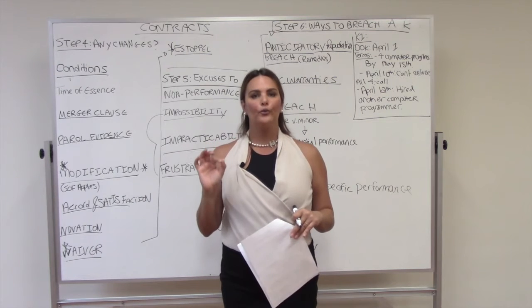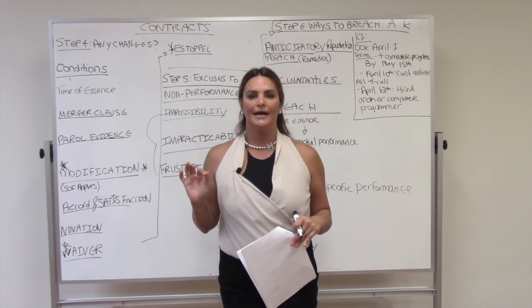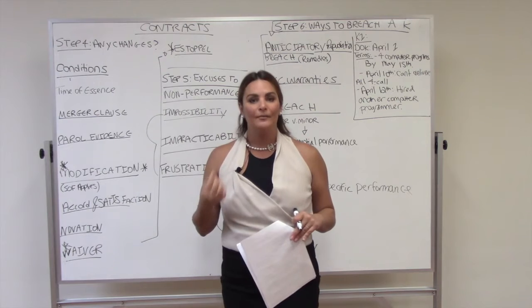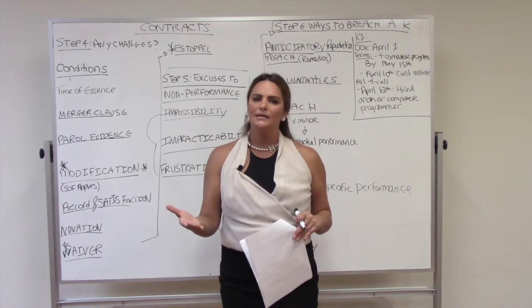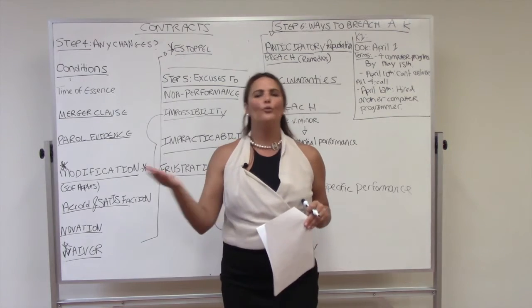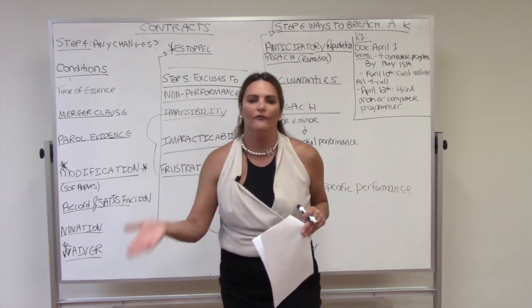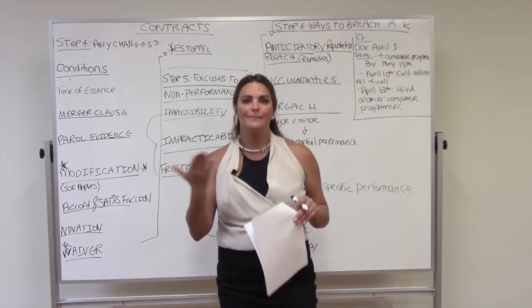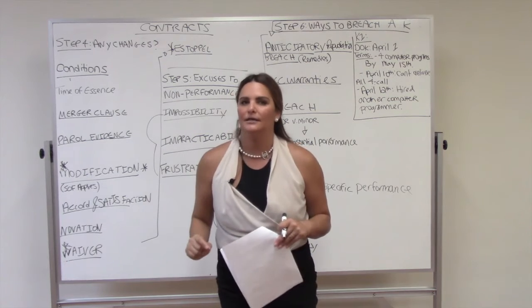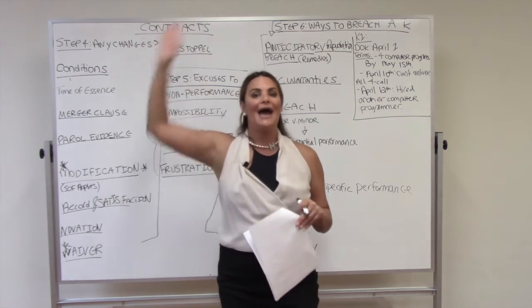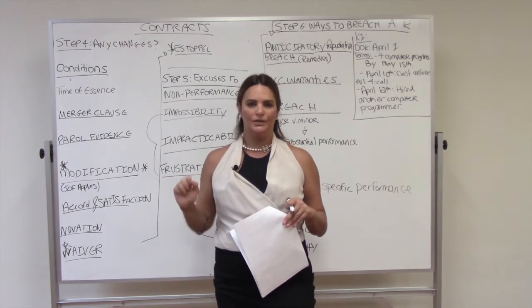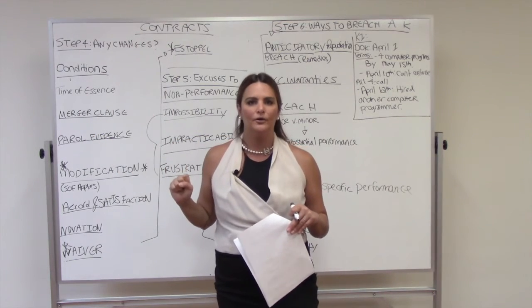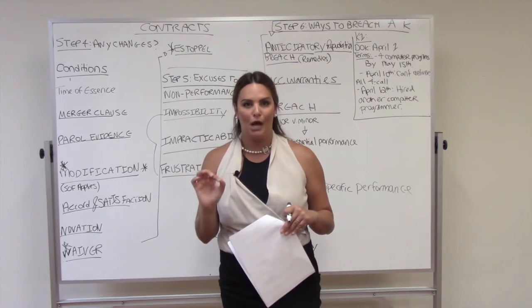Now, if you know the rule for AR, which I'll refer to it as, then you know that that communication not to perform must be unequivocal. So somebody's saying, the computer programmer saying, I don't think I can give you all 4 by May 15th. I'll do my best. That's not necessarily unequivocal. But don't pass that communication and go, that's not anticipatory repudiation. That's not met because we need unequivocal communication. Still make sure you talk about it.